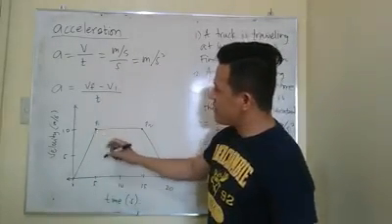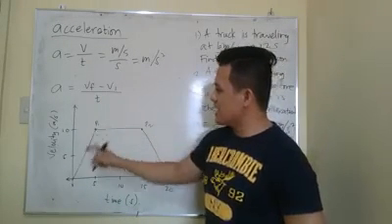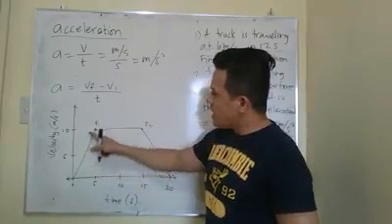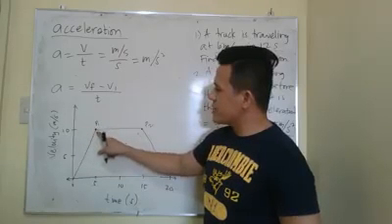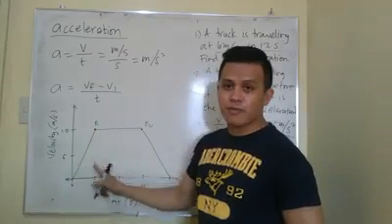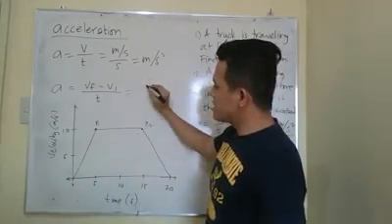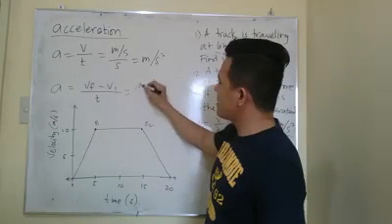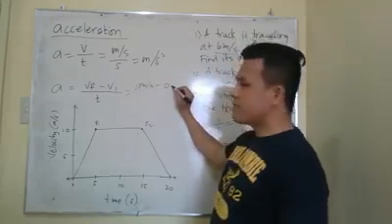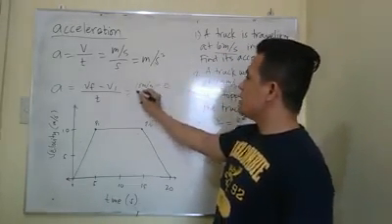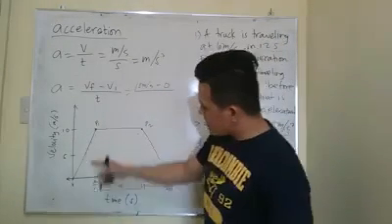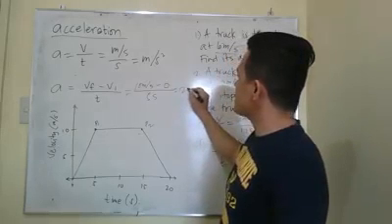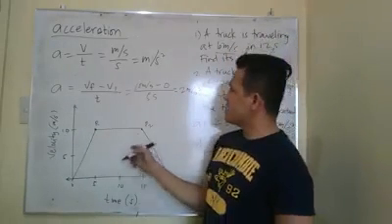Our final velocity is 10 meters per second, and our initial velocity is 0 because it is from rest. So final velocity, 10 meters per second, minus 0 meters per second, because it's not moving. And the time covered is just 5 seconds. It is 2 meters per second squared. That's the acceleration here.